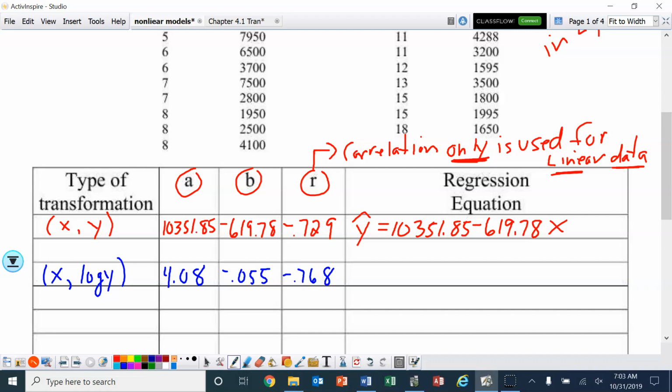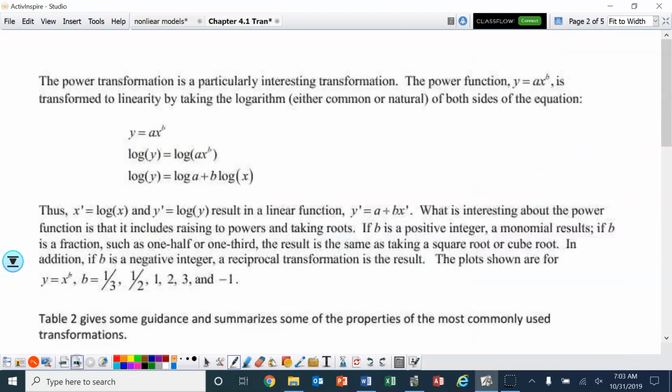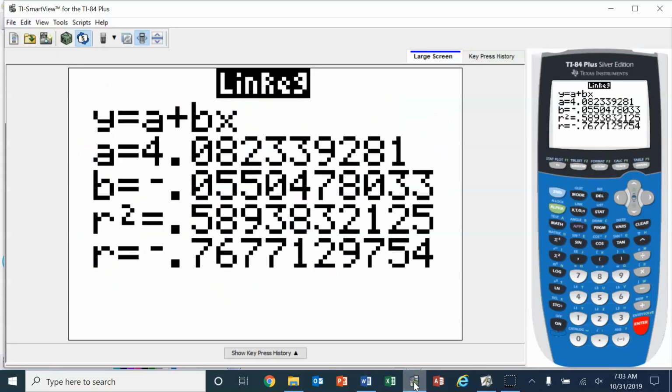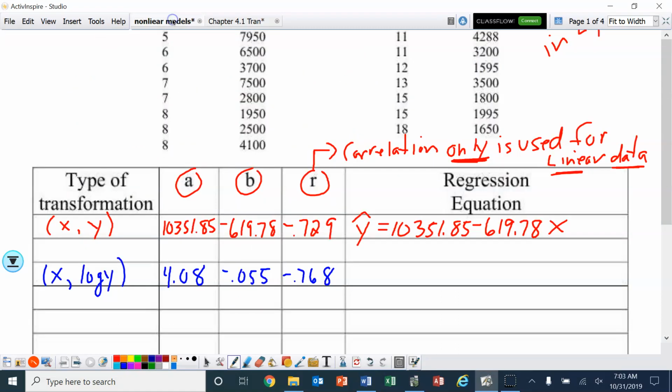Now, looking at this paper here, okay, let me go back. All right, so we're going to rewrite it like that so that we can type this into our calculator. All right, here we go.